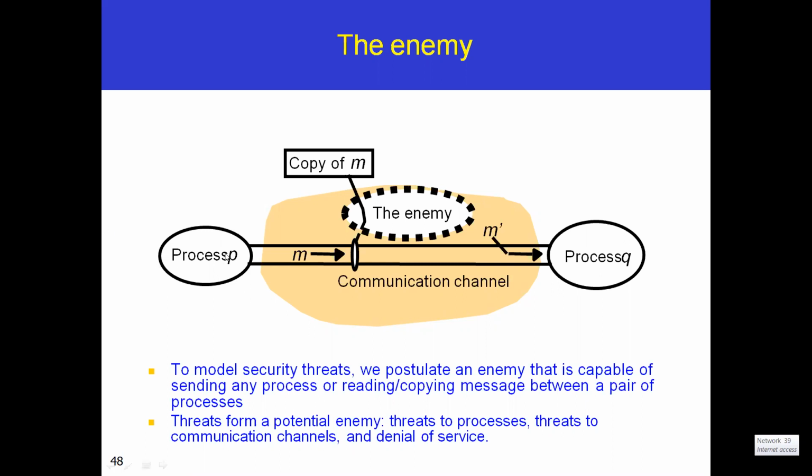In this diagram, we have process P and process Q. This is the communication channel between process P and Q. The message M is transmitted from process P to Q. The enemy will copy the message. He will not stop or interrupt the message. He will simply copy the message M and keep it at the enemy. See, the model security threats.